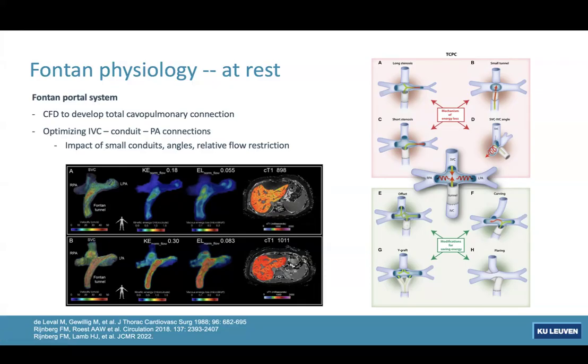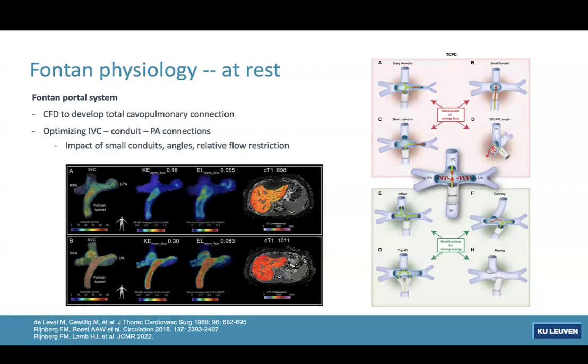And we especially are learning that for those extra cardiac conduits, it's not all good stuff, in contrast to the older lateral tunnel Fontans and RA2PA Fontans. So this is, for example, very elegant and interesting work from Friso Rijnberg from the Netherlands, where he saw that if you have pressure loss in a small conduit or a suboptimal angle, the congestion of the liver, which we care about a lot nowadays in patients with a Fontan circulation, is higher if your Fontan conduit is too small, if the angle is perpendicular instead of being slightly off to the pulmonary artery.